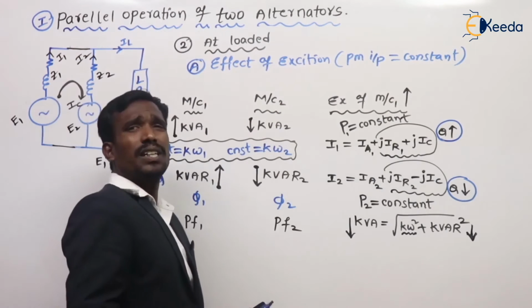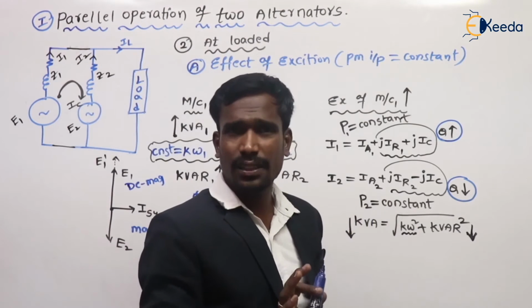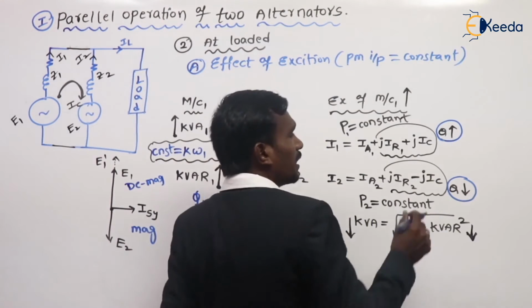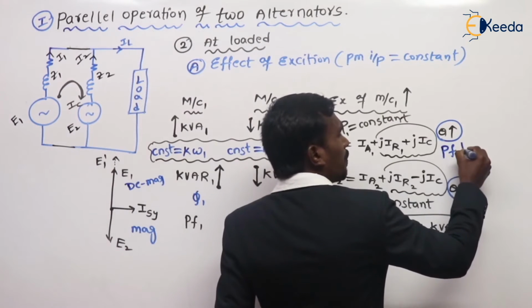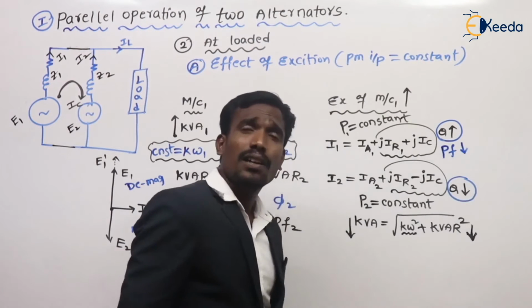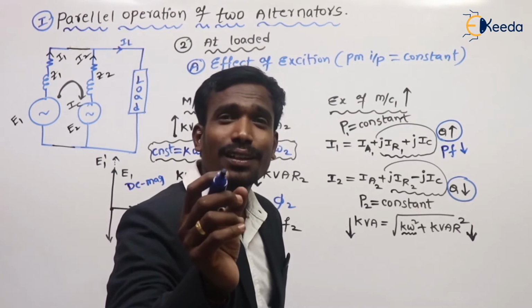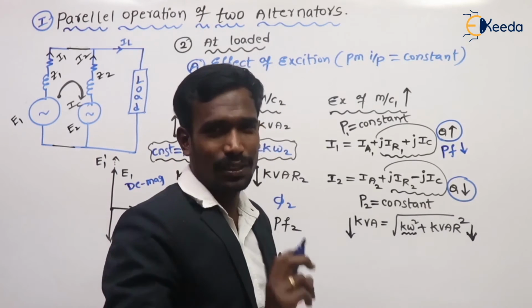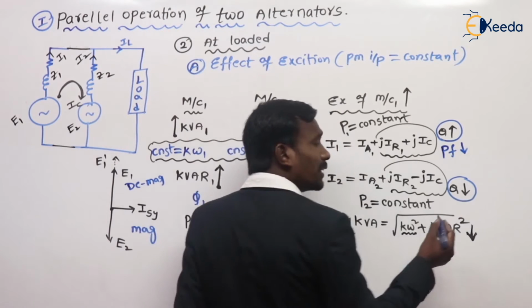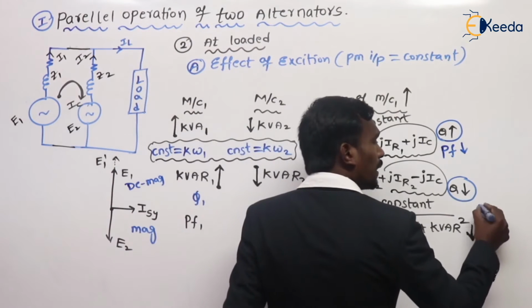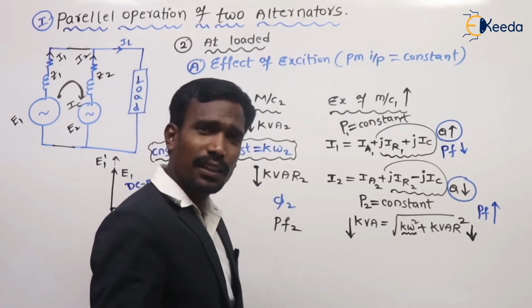In general the active power is constant, but here the reactive component increases, so what happened to power factor? If the reactive component increases, the power factor decreases, we know that. As well as if the reactive component decreases, what happened to power factor? The power factor increases ultimately.